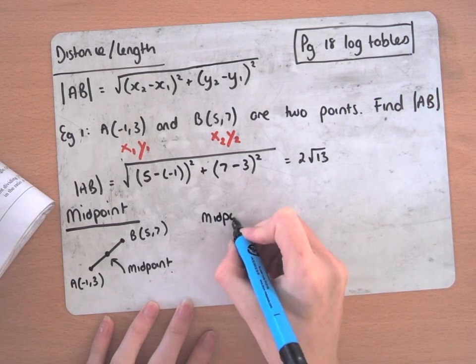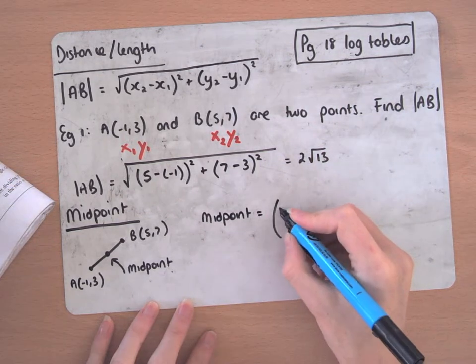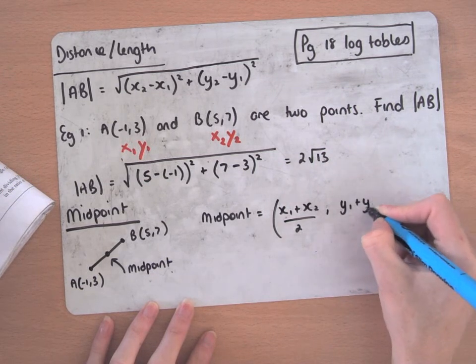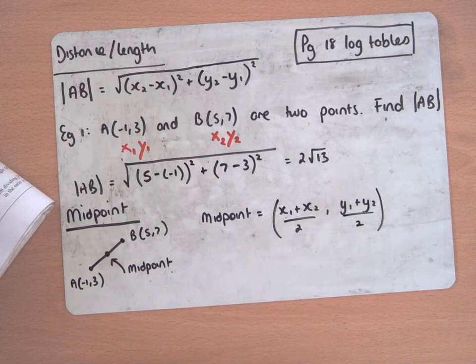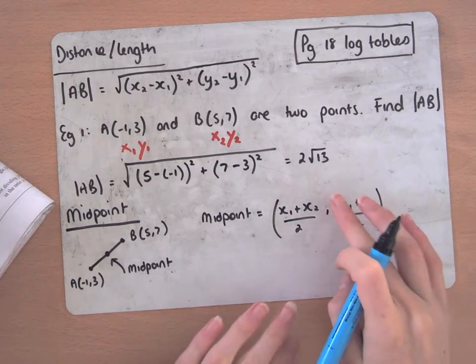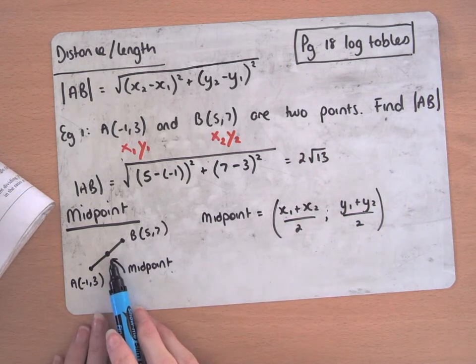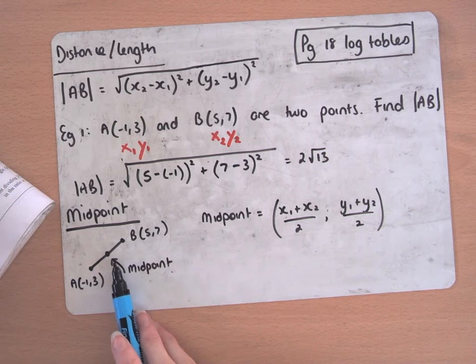So my midpoint formula is x1 plus x2 over 2, y1 plus y2 over 2. It's a comma. If you think about it, girls, this is a point. It's the middle point, so it's going to have an x comma y.